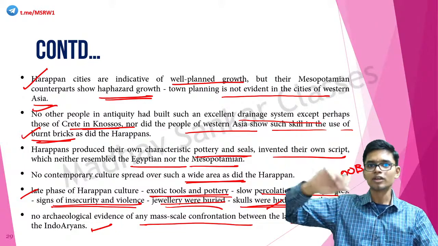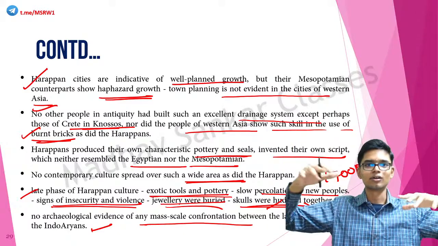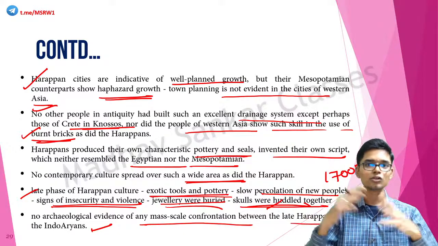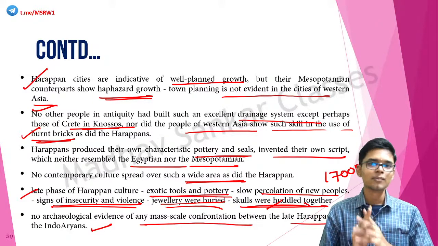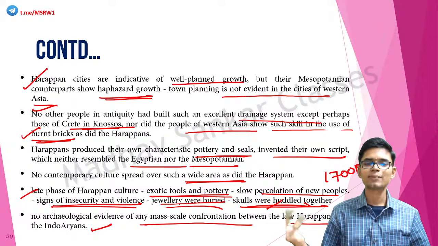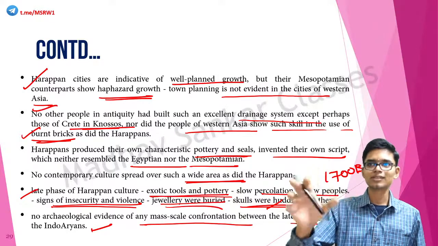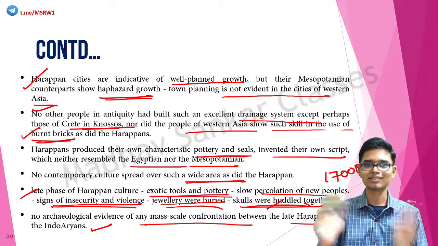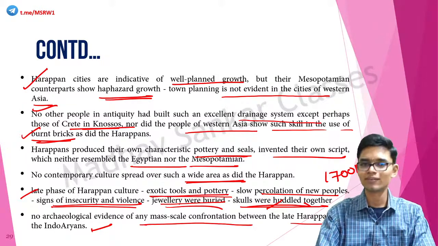So if we found many such remains in different parts of the civilization, then yes, we could understand that there had been a huge confrontation between Indus Valley people and the Indo-Aryan people. But there is no archaeological evidence that points to this. Just because we found some skulls in one area does not mean that Aryans came and killed everyone else. That is a very rash decision, and very much inconclusive.